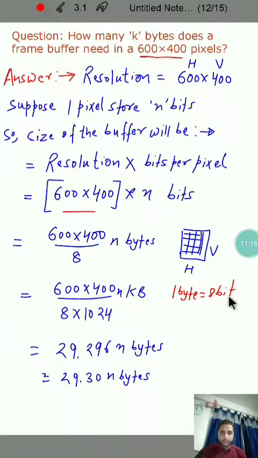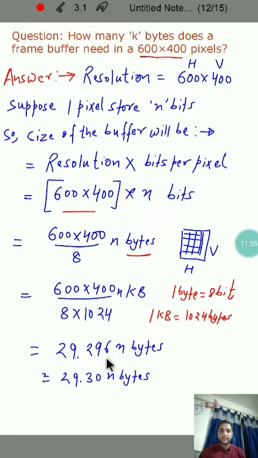So from here you can convert this bit into byte. One bit is 1 by 8 byte. And after converting to bytes, we convert into kilobytes, and you know the relation that 1 KB is equal to 1024 bytes. So you will have to divide by 1024.